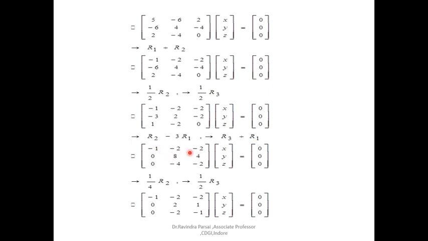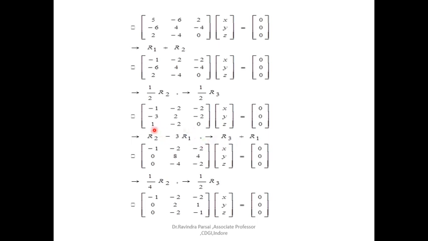So the first row is as it is, minus 1 minus 2 minus 2, then the second row is 0, and applying minus of minus 3 to the 6 plus 2 is 8, then 3 to the minus 4 plus 6 is plus 4, and then you come to the third row.